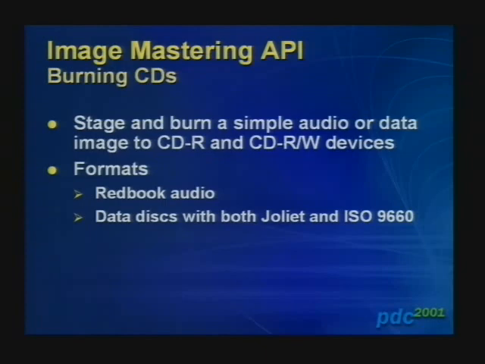We're reusing the same API, so you can either set up a structured storage document and just pass that in, which you might not want to do because you have 650 megs of storage there, so you don't want to make a big file. Or you can create a class that implements IStorage yourself. We have examples on the got.net site on how to do this in Visual C++, and I have a link for that later. If you're interested, you should go to that site and take a look at our sample.